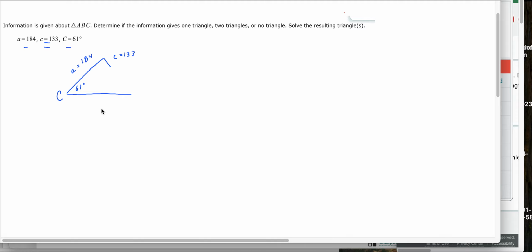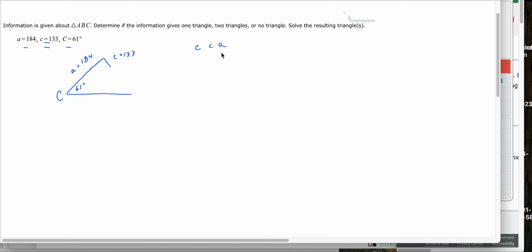Now I think the best thing to do is to consider the two sides. This side C, opposite the given angle, is smaller than side A, and these are the given sides. They could be any letters.